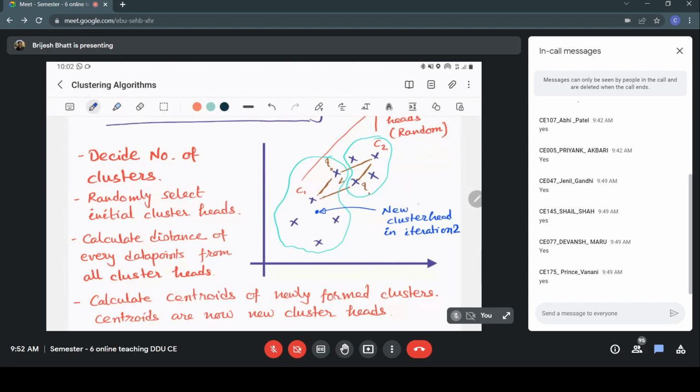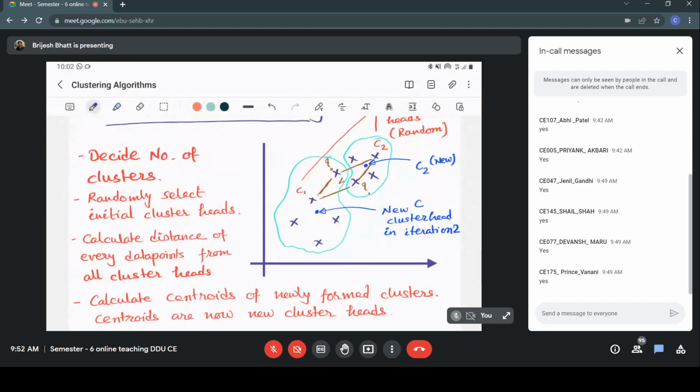So this becomes a new C1 now, and similarly there will be a new C2 in iteration 2.